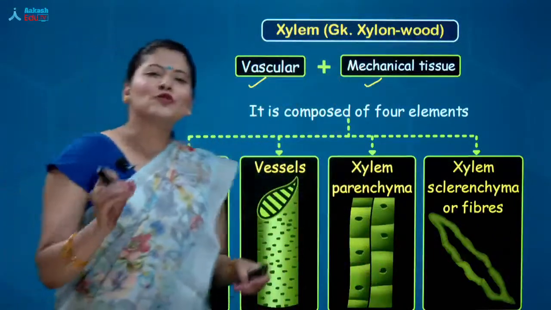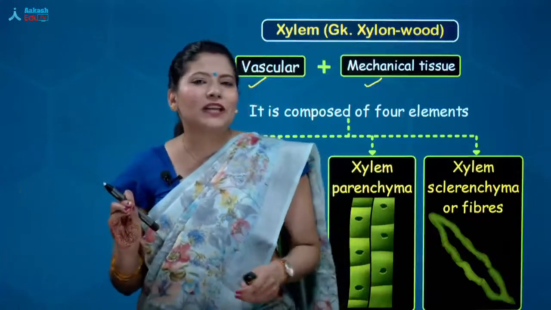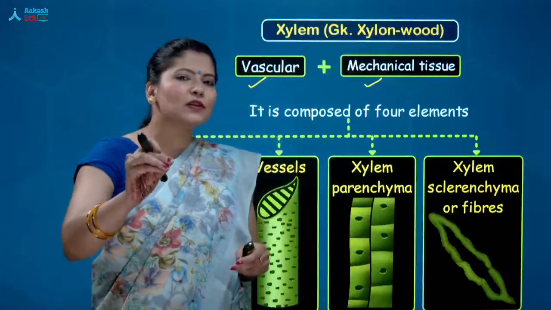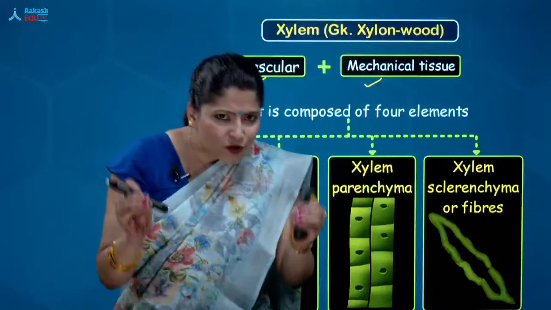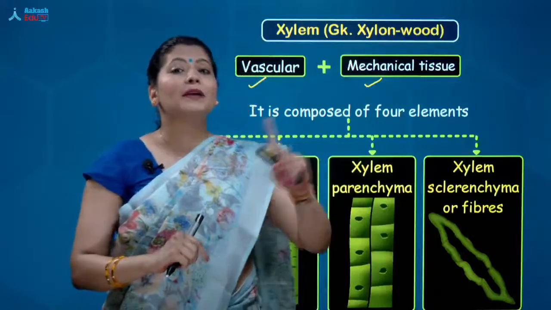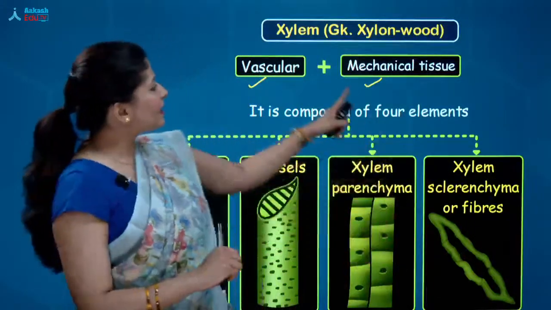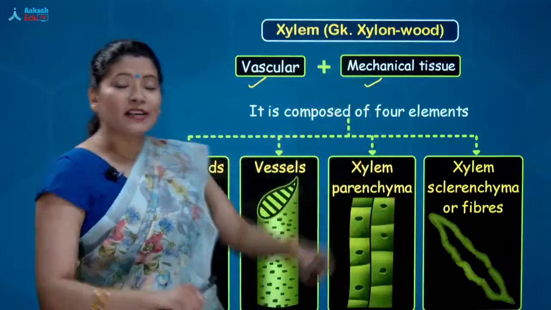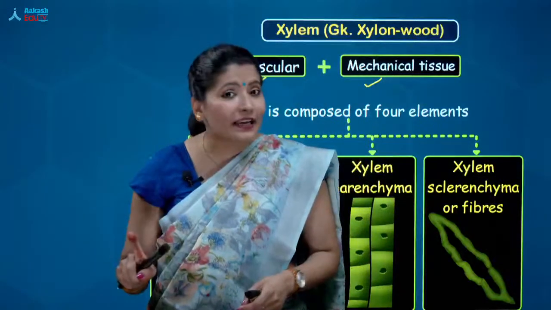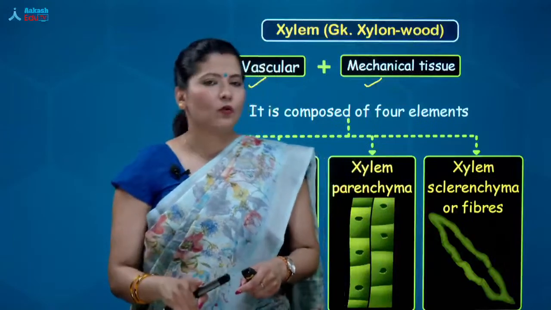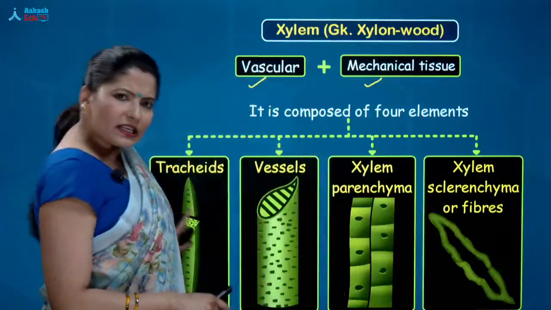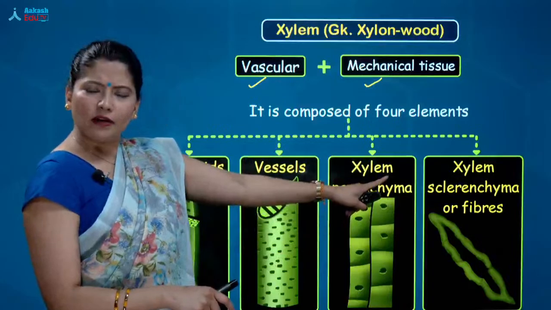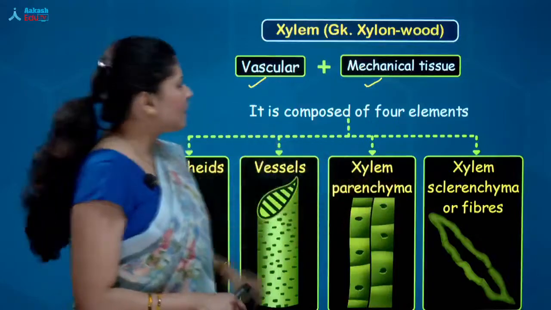For mechanical tissue, I told you a characteristic feature: the cells are dead. Any tissue that is dead provides mechanical strength, and here it is mechanical tissue. So the cells of xylem will be dead. But will all types of cells be dead? No, I'll tell you about it.